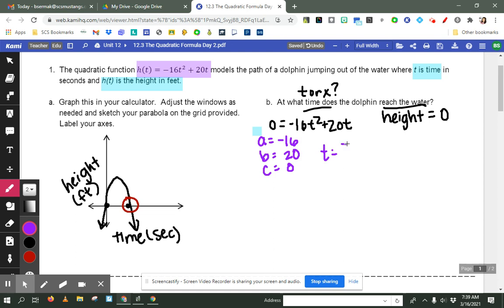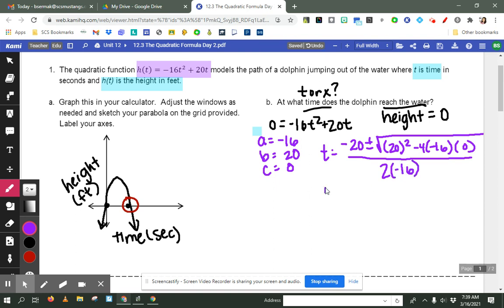I'm going to start by plugging my numbers in. It's negative b, so negative 20, plus or minus the square root of b squared minus 4 times a times c, all over 2a. I'm sorry, not a, 2 times negative 16. Okay, let's start by cleaning this up.